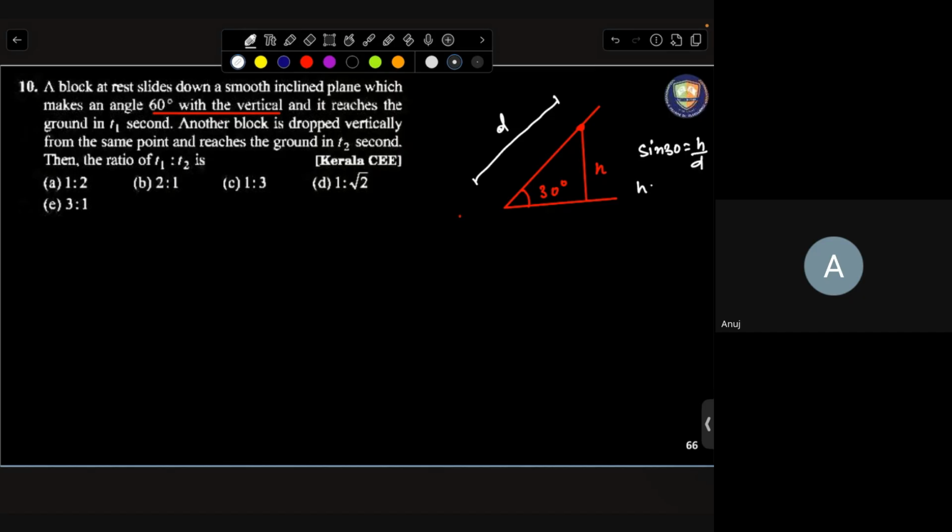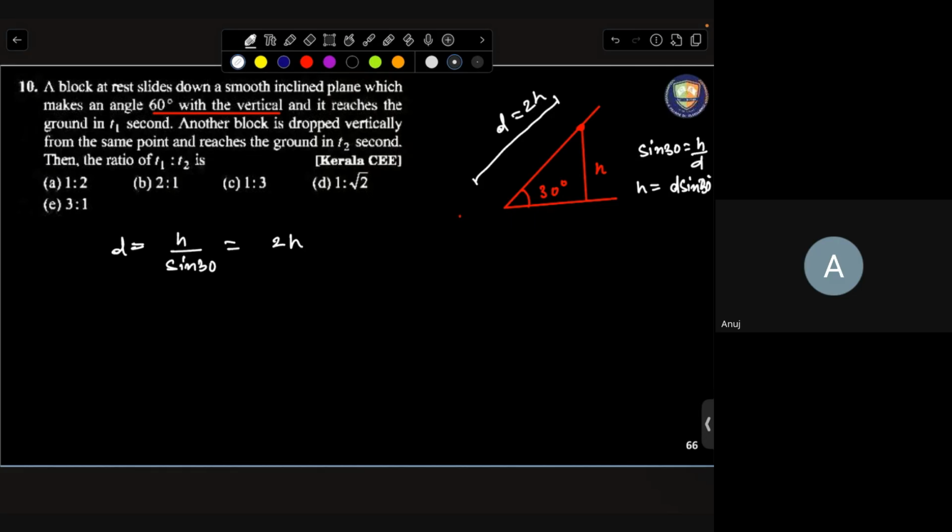So h is nothing but d sine 30, so d by 2, correct? So this distance d is h by sine 30, so d is nothing but 2h.